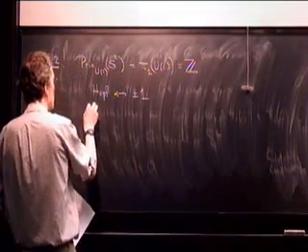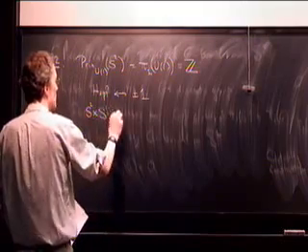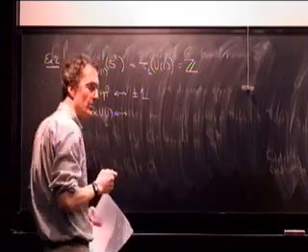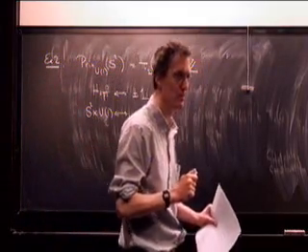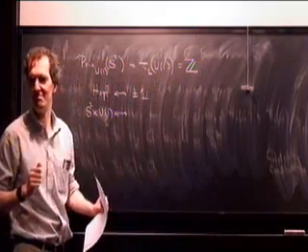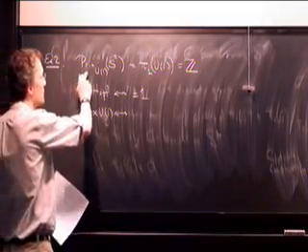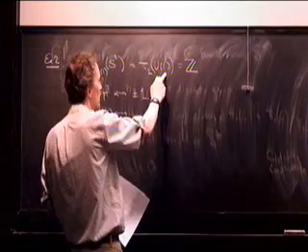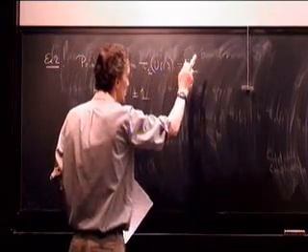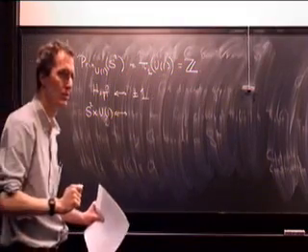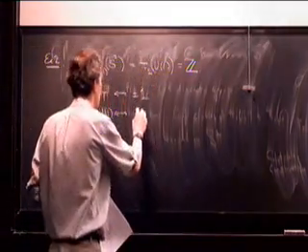And the trivial fibration, S2 times U1, corresponds to which integer? In this correspondence between principal bundles and pi 1 of U1, which is Z, the trivial bundle corresponds to which integer? 0.